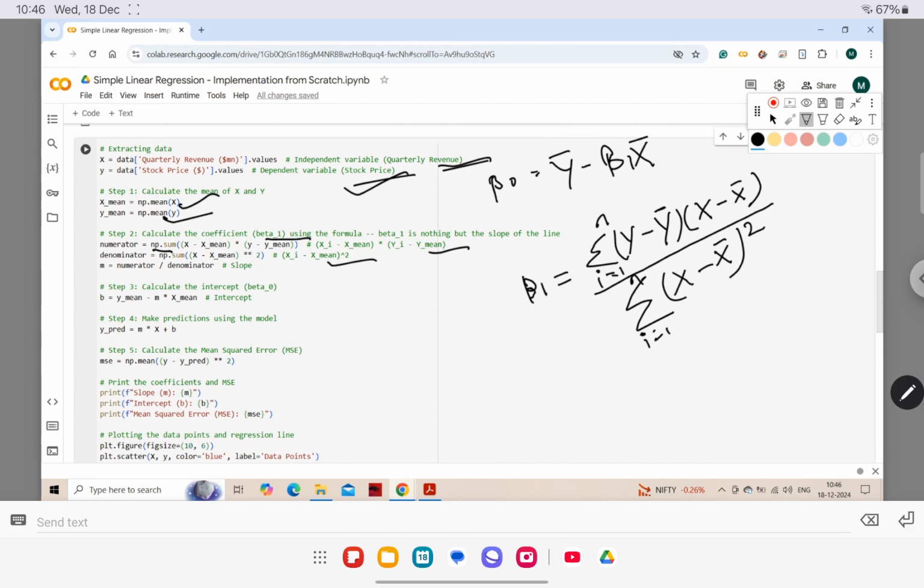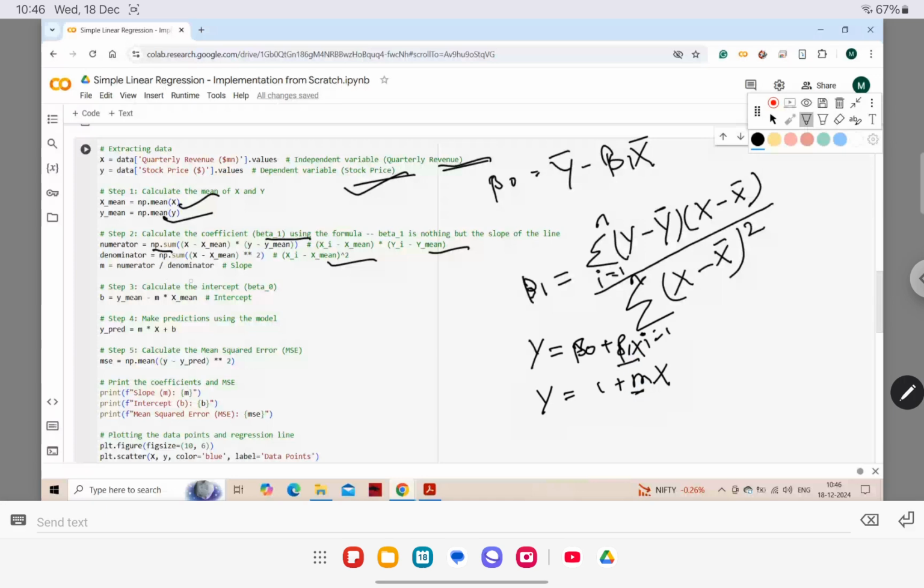So if you see the equation of linear regression, y equal to beta naught plus beta 1 x, it will look similar to a straight line equation, y equal to c plus mx. So this beta 1 is nothing but the slope of the straight line.